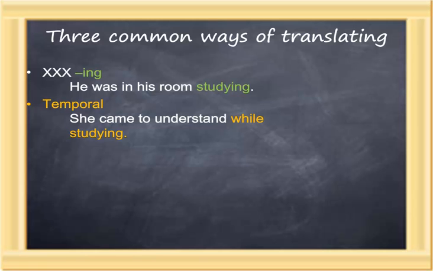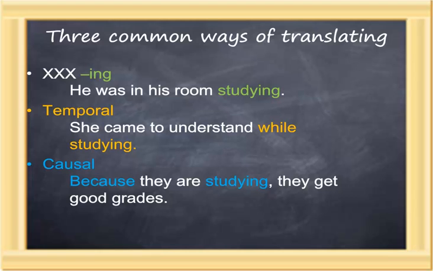She came to understand, that's the main action, while studying. A third potential way of translating a present adverbial participle is causal. Because they are studying. That's the circumstance under which they get good grades. How does one determine which of these to use? Context is a major part.